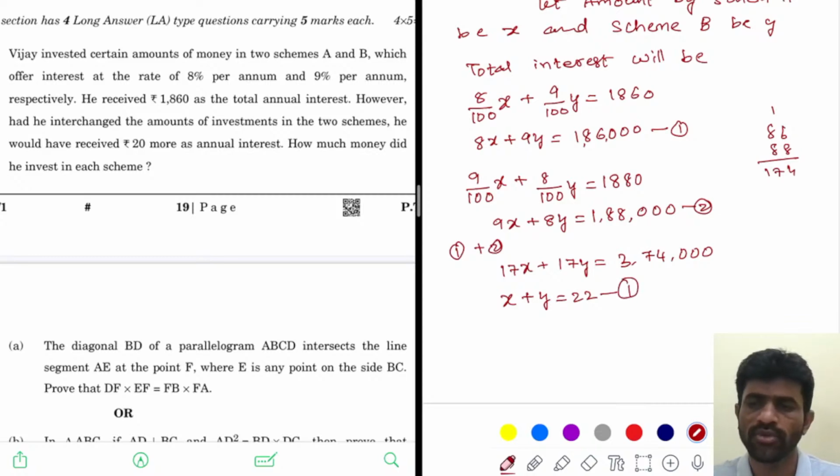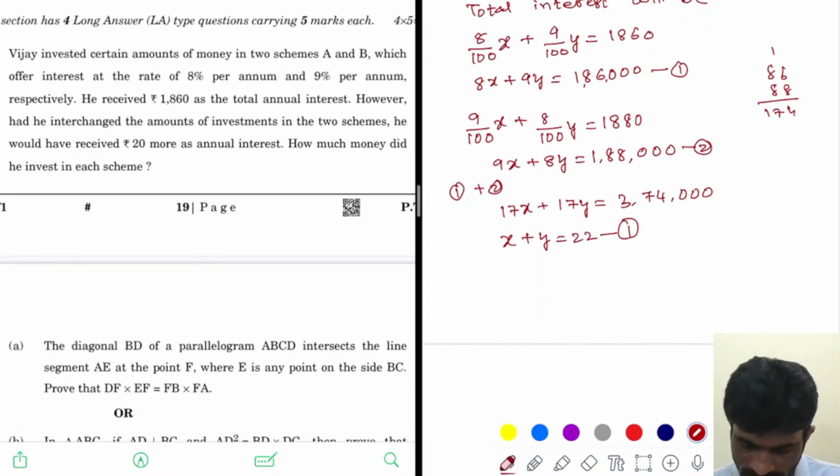And then later we subtract the equations. When you subtract the equations, what do we get? Minus x plus y is equal to minus 2000.